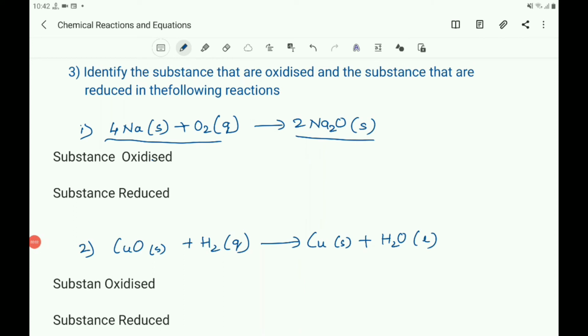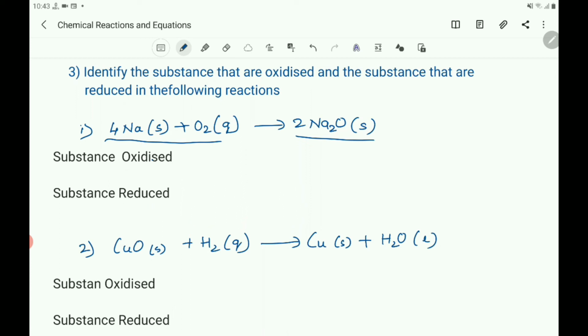You know that the substance which gains oxygen or loses hydrogen is said to be oxidized, and the substance which gains hydrogen or loses oxygen is said to be reduced.